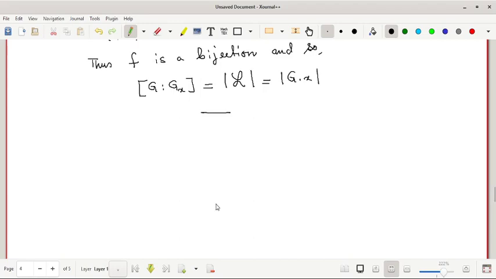Now, suppose G acts on X. You can consider it as a definition.